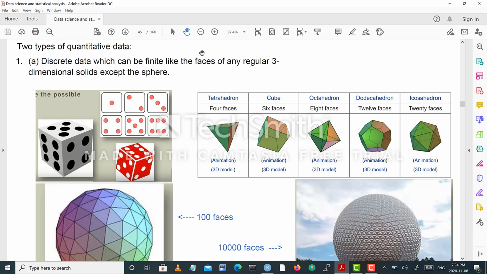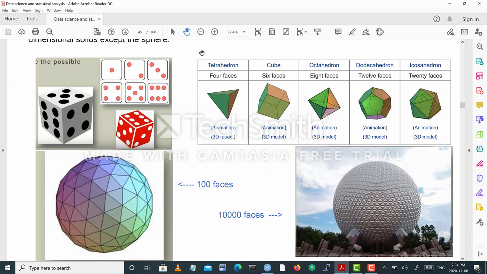We have the tetrahedron with 4 faces, cube 6 faces, octahedron 8 faces, dodecahedron 12 faces, icosahedron with 20 faces. Also, we can have a solid with 100 faces, which is in the bottom left picture, and 10,000 faces, which is in the bottom right picture.